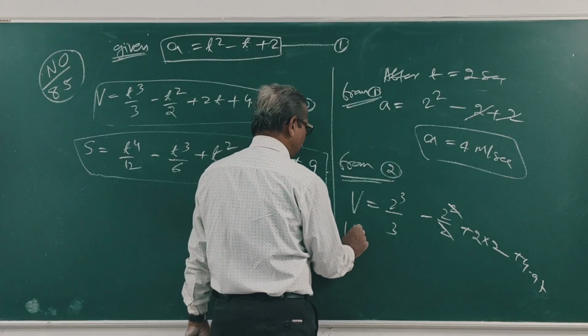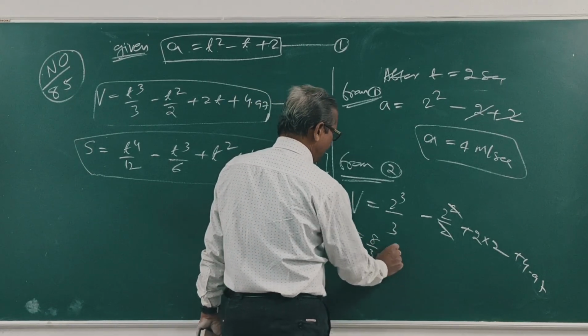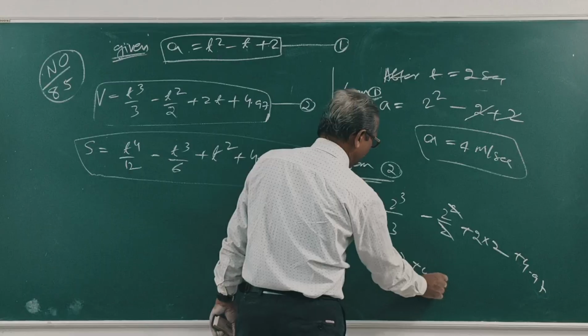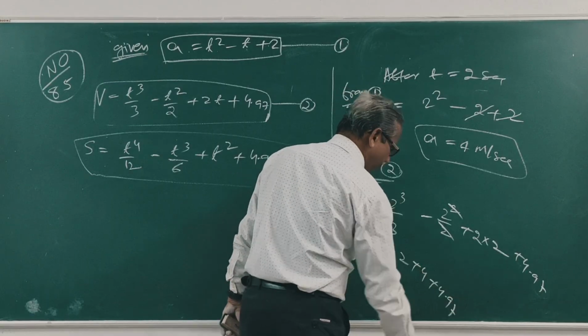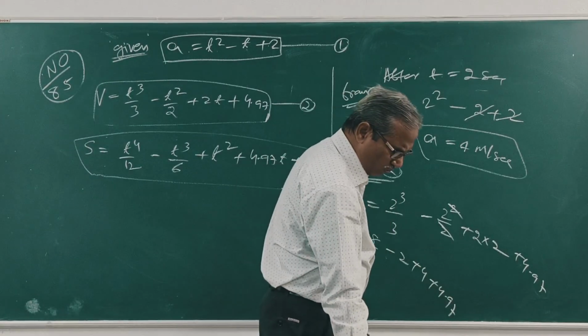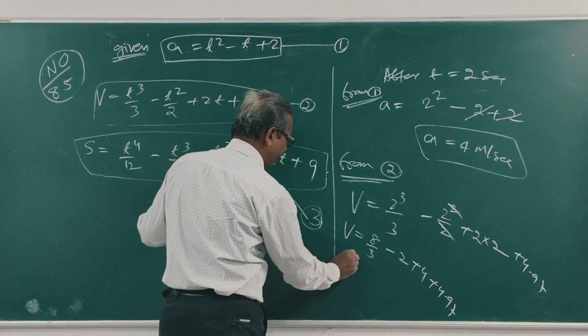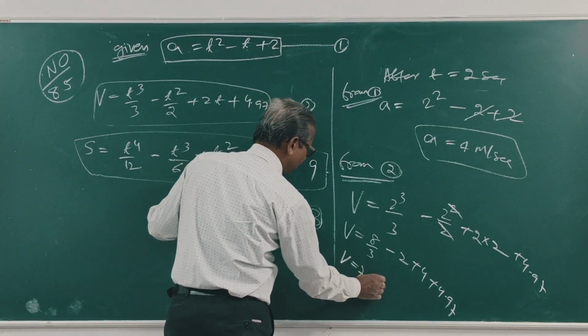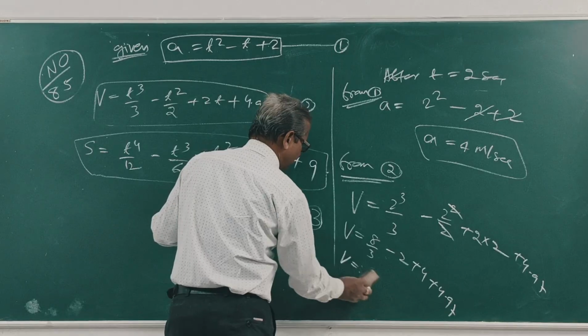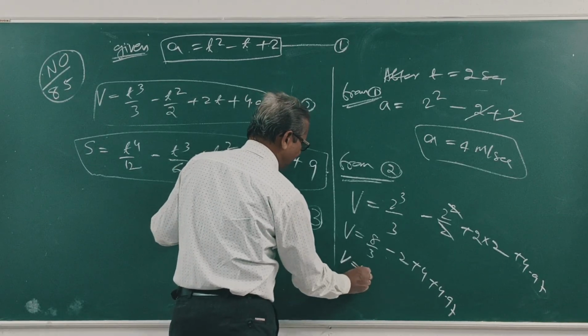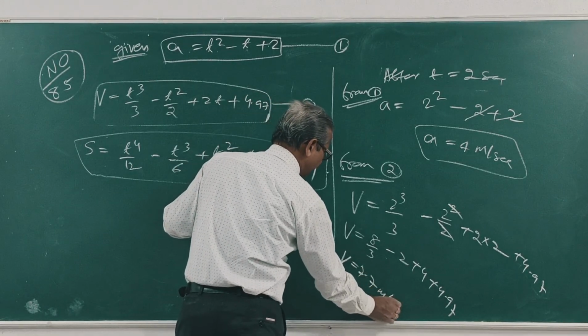So v is equal to 8 by 3 minus 2 plus 4 plus 4.97. Clear? Find out v is equal to 7.69, about 7.7 meter per second.